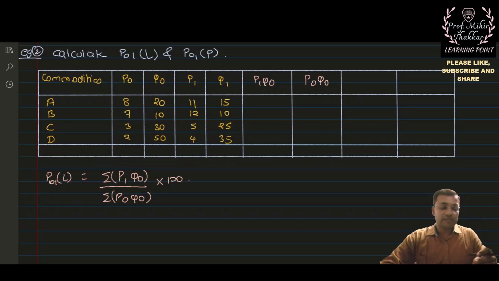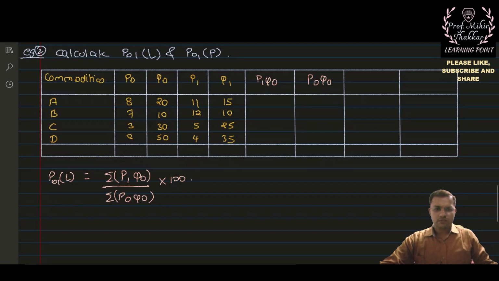What matters is you substitute proper value in proper place in the formula. So you just have to remember the numerator is with the current year, the denominator is with the base year. Therefore the formula is P1 into Q0 for numerator, P0 into Q0 for denominator, and then multiply by 100. So it is very easy for us guys to remember it like this.